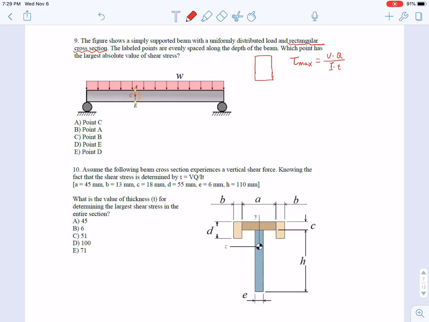So where you have the largest Q, you have the largest shear stress. We all know that Q max appears at the neutral axis or the centroid, so that is point C in the middle. The solution is A.